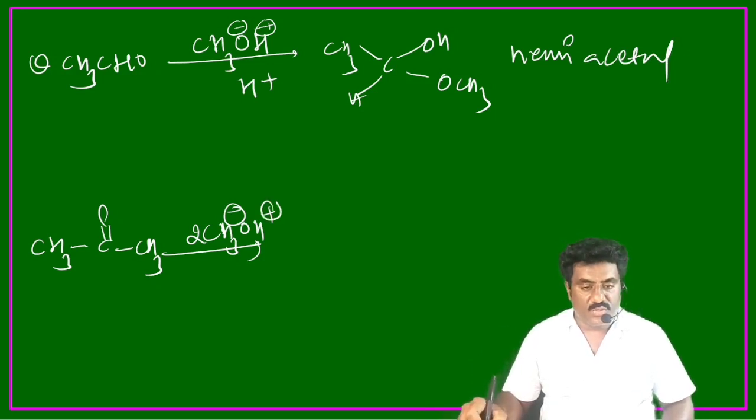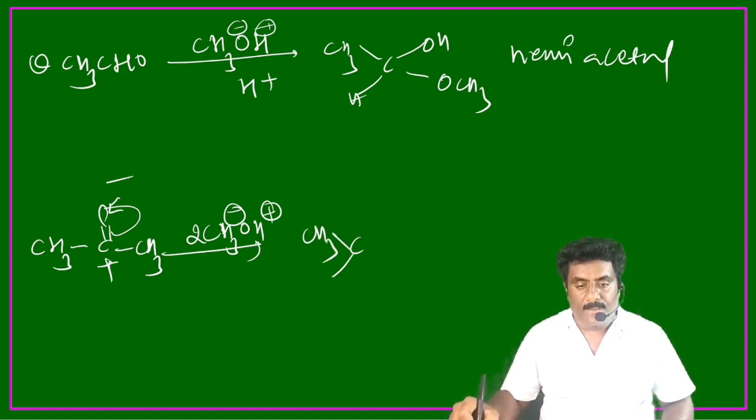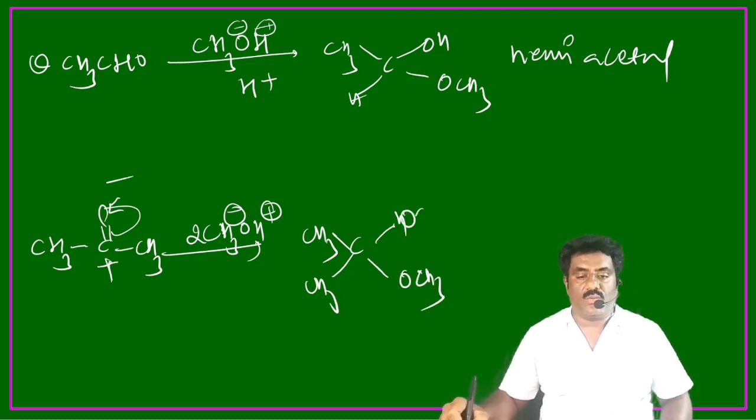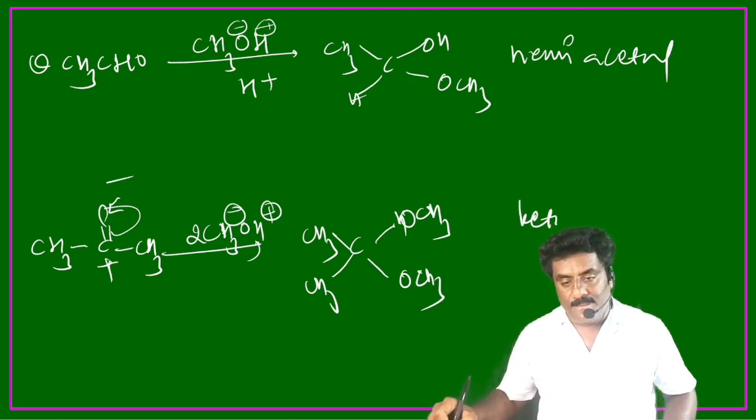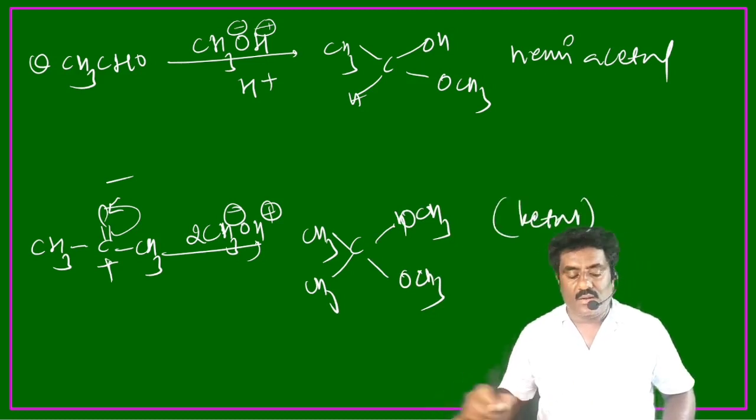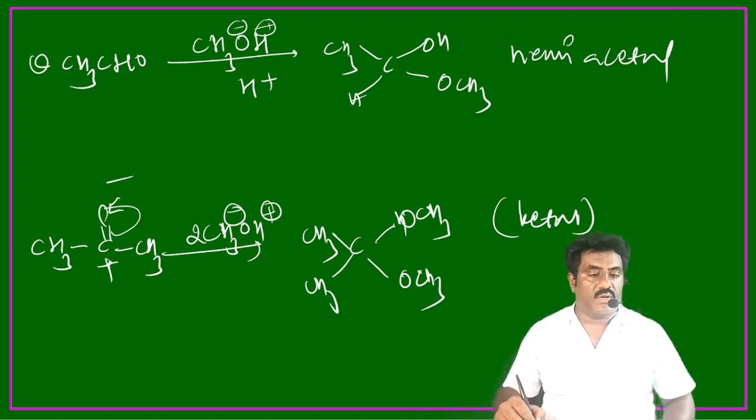What does it give? See, the pi bond is shifted, positive charge, negative charge. Here CH3 attacks, giving OCH3 and OCH3. It is a ketal. Yes. Have a look at the next question.